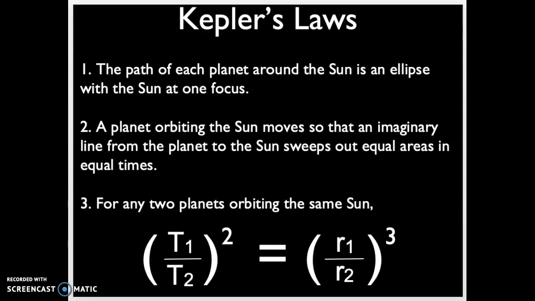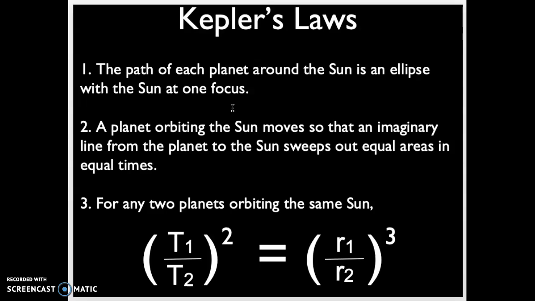What he found, first of all, is that the path of each planet around the sun is an ellipse, with the sun at one of the two foci. I think I mentioned this, that every orbit in the universe is some kind of an ellipse, maybe a circle, but generally some kind of ellipse.